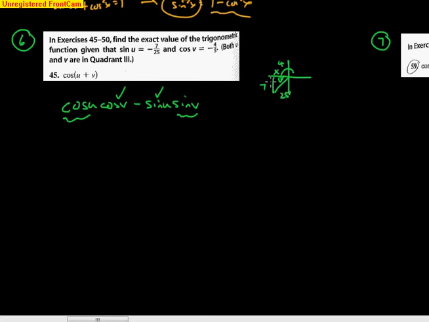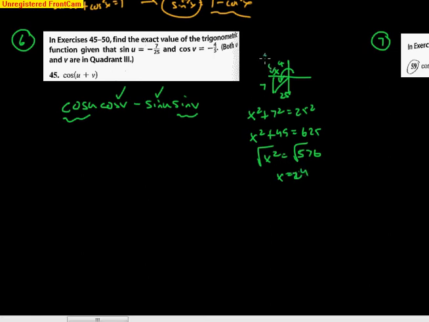So I must find this missing side, x, using the Pythagorean theorem. x squared plus 7 squared is 25 squared. x squared plus 49 is 625. Subtract 49, x squared is 576. Square root, x is 24.